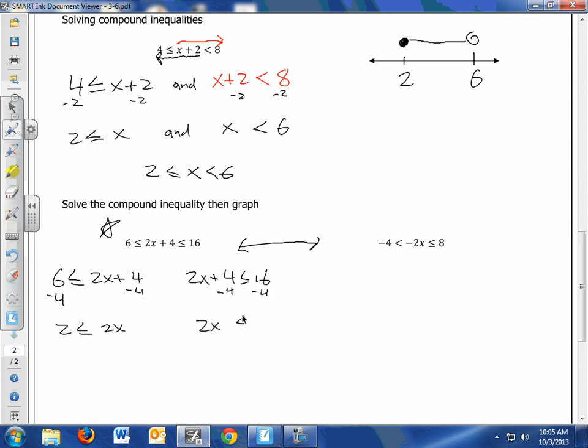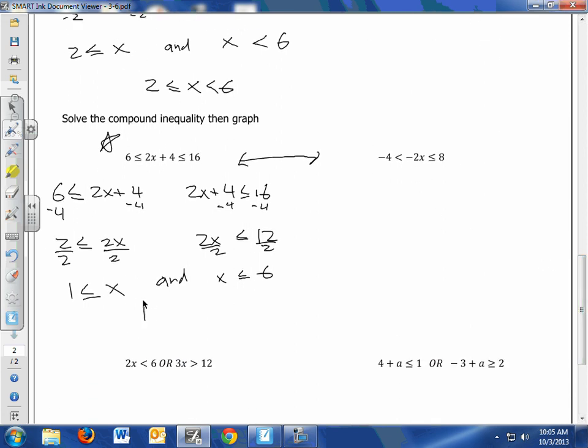You should notice that we're doing the same thing for both to solve. We're just ending up with two different inequalities. We subtract 4 and then divide by 2 for both. We get x is greater than 1 and x is less than or equal to 6.